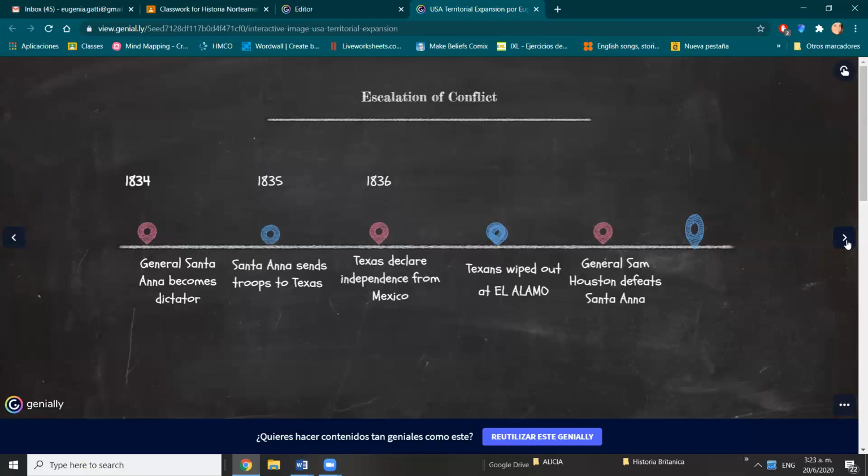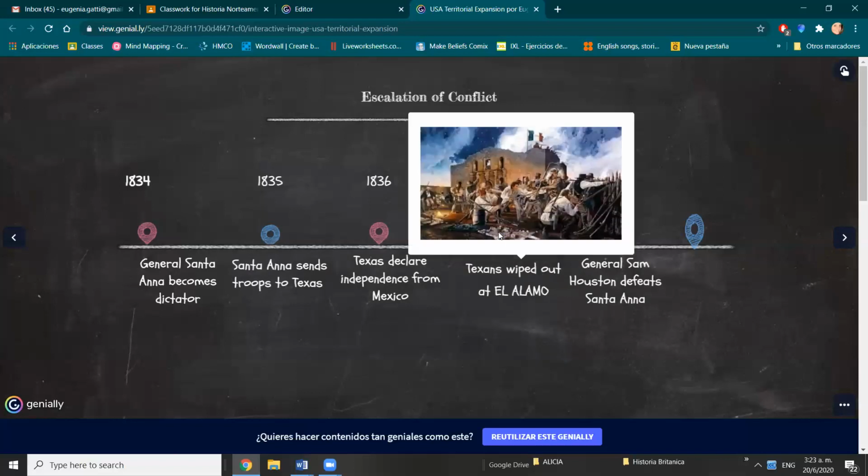So the rebels fought quite bravely. There is a moment, remembered as El Alamo. We're going to discuss this in class. Oh, here it is. This is a moment remembered in history because it is a big defeat for the rebels, but also a moment of bravery.